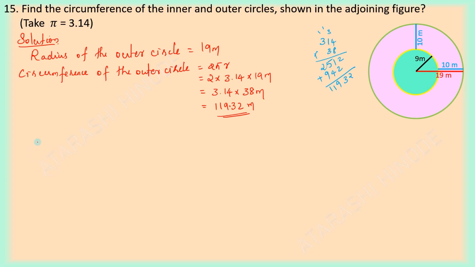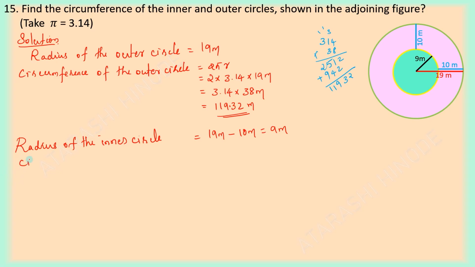Next we have to find the circumference of the inner circle. So first let us write the radius of the inner circle equal to, what is the radius? It is 19 meters minus 10 meters, that is equal to 9 meters.